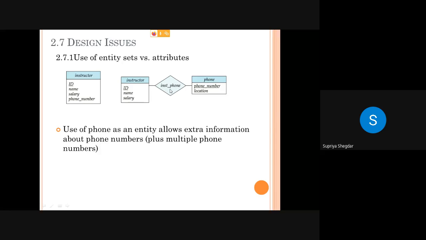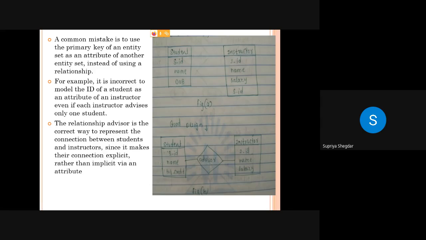So there are two options: either use the entity set with its attribute, or make a new entity set for that particular attribute. If we make a new entity set, it allows us to add extra information such as phone number, location, etc.